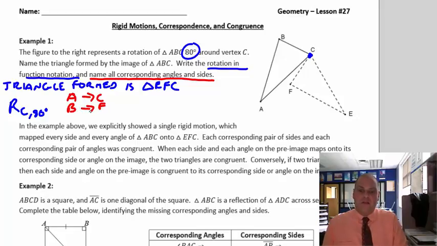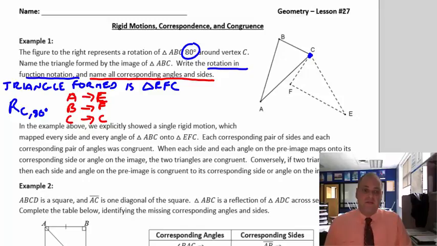Arrow means corresponds. They match up. And then C corresponds to C. Wait. A went to E. I wrote C. Sorry. This should have been E. EFC. Just like we did here. ABC went to EFC in that order. So A corresponds to E. B corresponds to F. C corresponds to C.